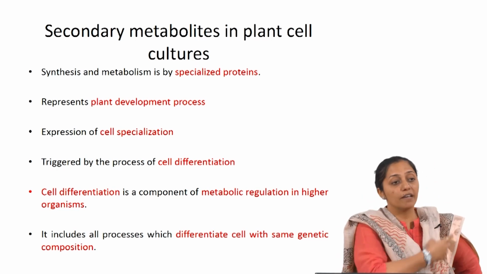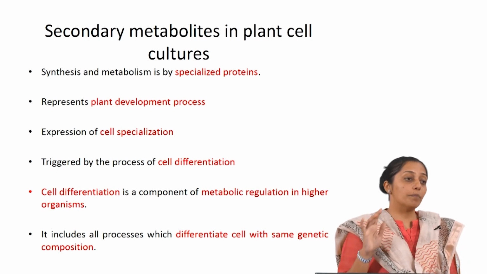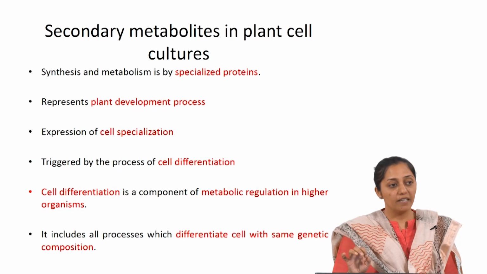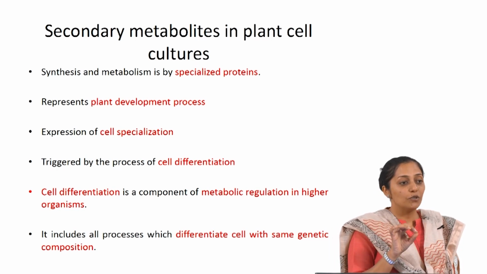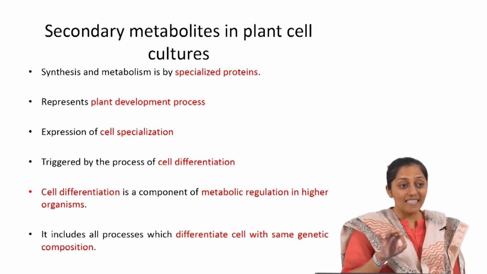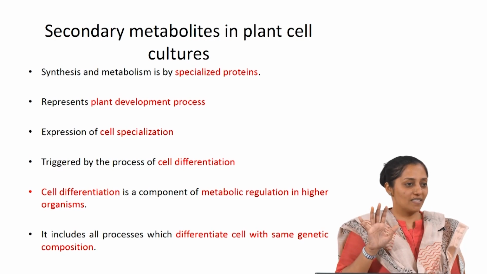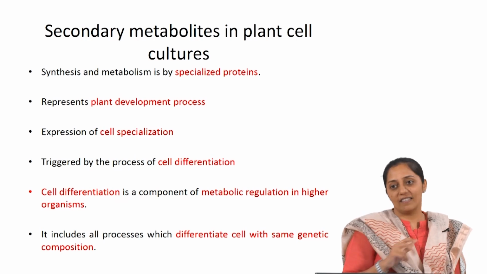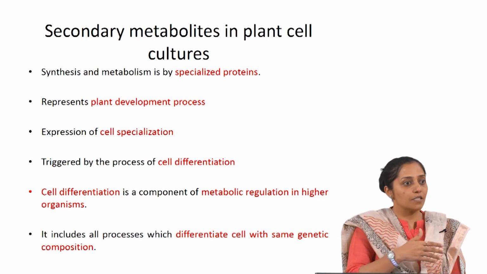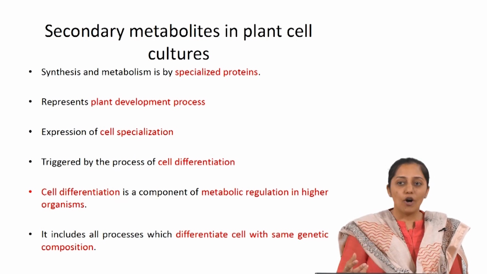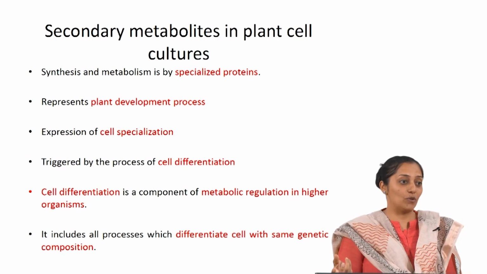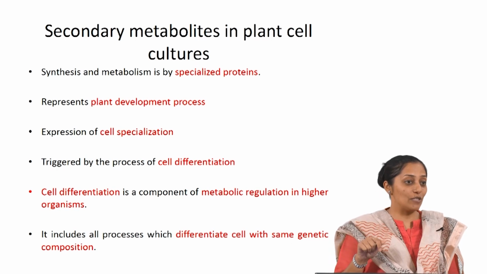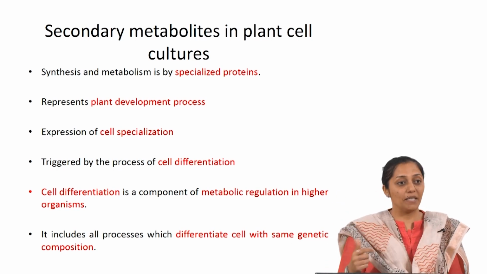So that when you are developing a plant based bioprocess for the production of a specific secondary metabolite, you will be able to know what is needed in that bioprocess, whether a simple undifferentiated cell or homogeneous dispersed cell would work, or you need aggregation also to happen, or you need organogenesis to also happen for that particular metabolite.